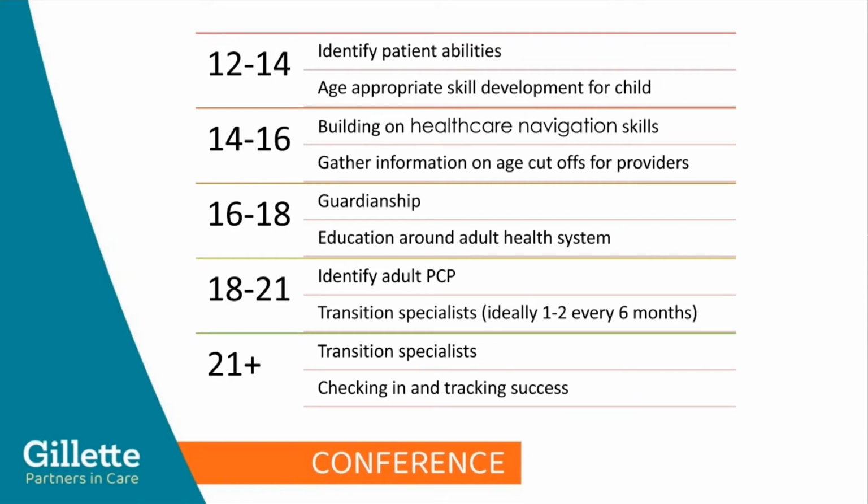And I am happy to give my cell phone number out to any adult primary care doctor so that if they are seeing a patient and not quite sure what to do, they can always reach out to me and we can talk through a plan together. Equally important to making sure that this family feels comfortable with this primary care doctor is that this primary care doctor feels supported in caring for this family. I'm so lucky to be at Gillette where I have resources and time and get to see this over and over and over again.